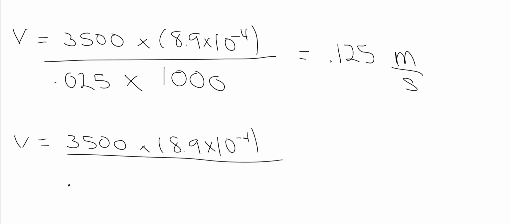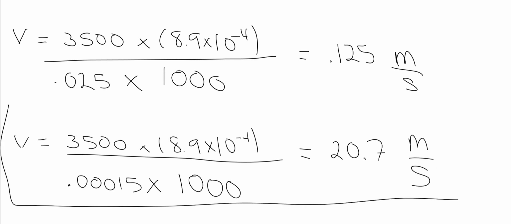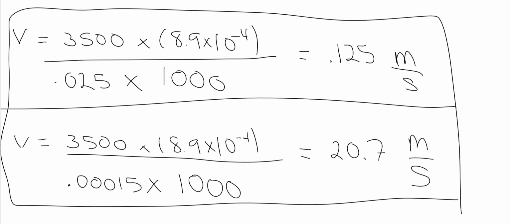Now this is where we have the change. 0.00015 multiplied by 1,000. Doing the math here, we obtain a velocity of 20.7 meters per second. So this is the solution to problem 17 for homework number 6.